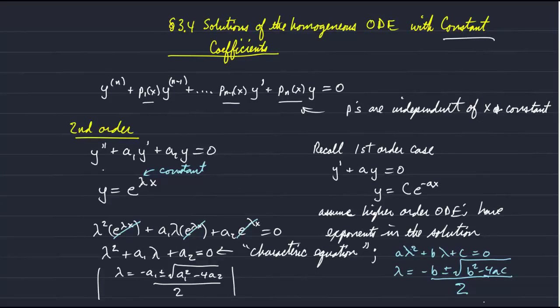So again, we were solving the second order homogeneous ODE with constant coefficients, and we showed that we could have quite a rich range of behaviors depending on the sign of lambda, or whether it's real or complex. Okay, so now let's move on to looking at higher order ODEs.